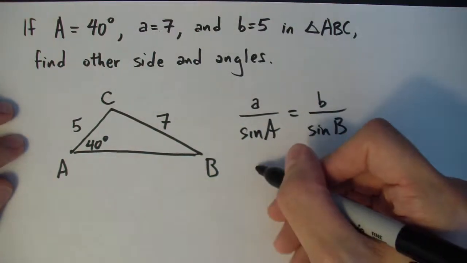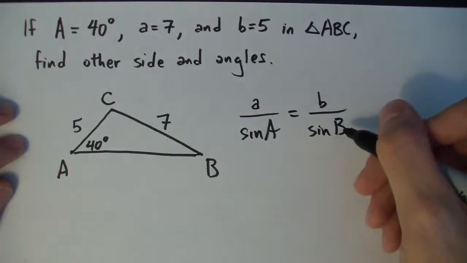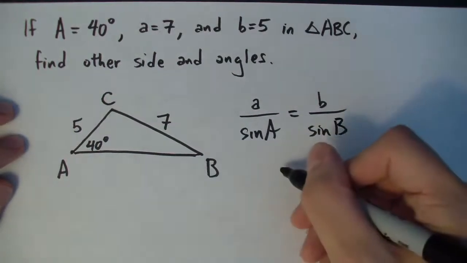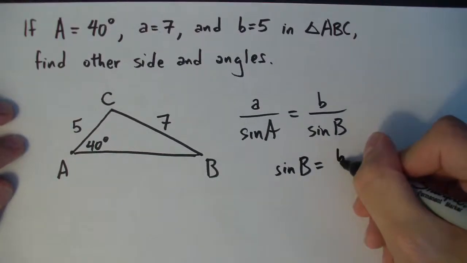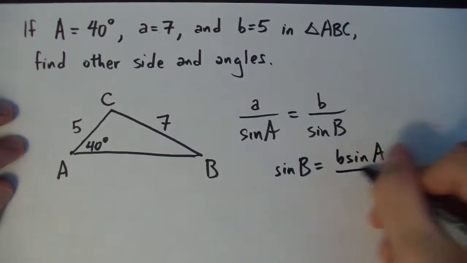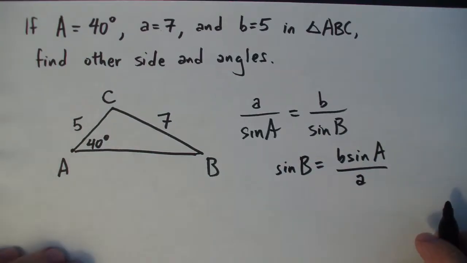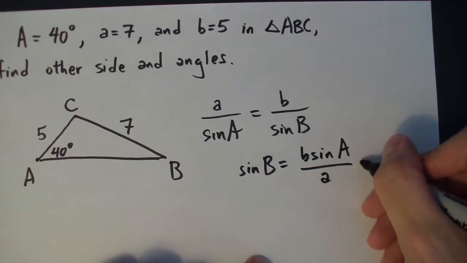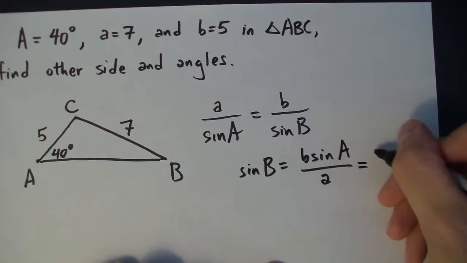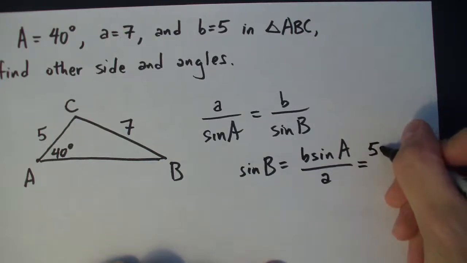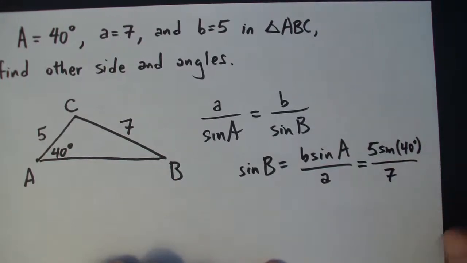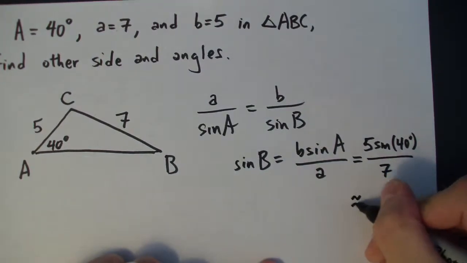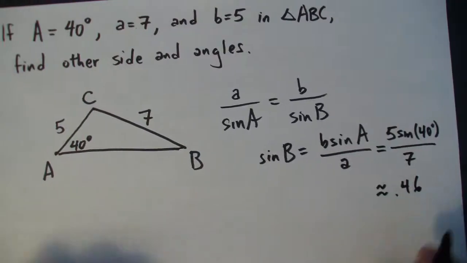Well, when we cross multiply as usual, we're trying to find angle B, so if we solve for sine B, we get that sine B is B sine A over A. And when we compute that with what we know, it's 5 sine of 40 degrees over 7, and that comes out to be about 0.46.